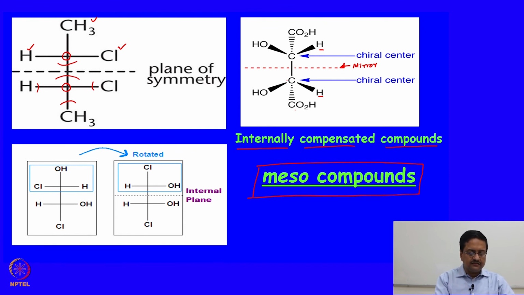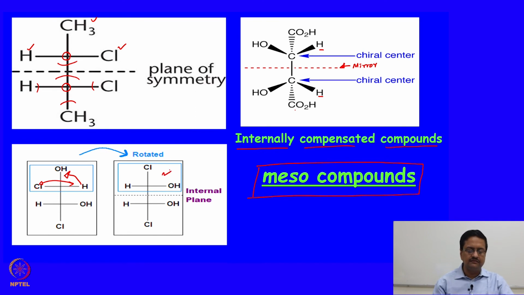If you look at this molecule here, what we have done is that we have made two changes. First, we have changed the position of chlorine with hydrogen, and then we have made the change between the fluorine and OH.